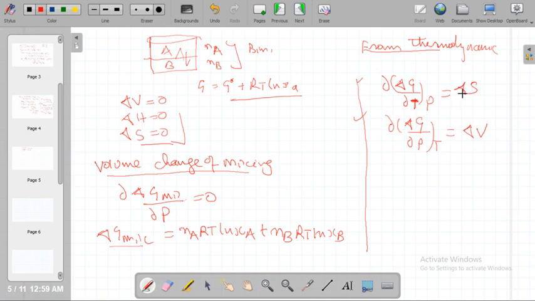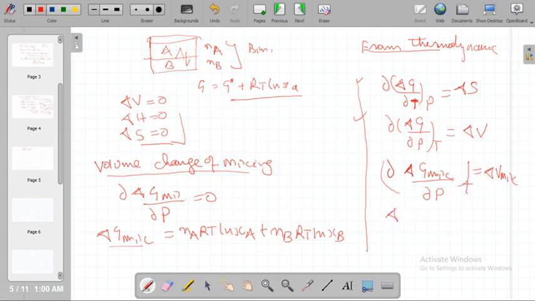So by knowing these things, since we are calculating the change in Gibbs free energy of mixing with pressure, whereas the temperature is maintained constant, the volume of mixing in these solutions becomes 0, because when the temperature is constant, the volume also becomes constant.